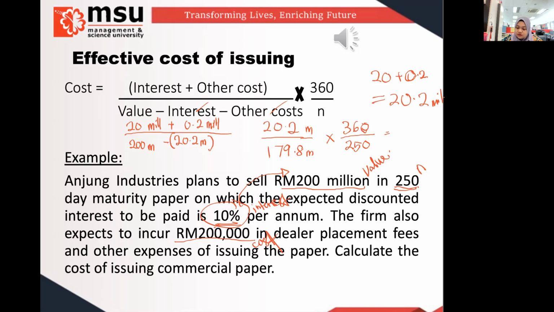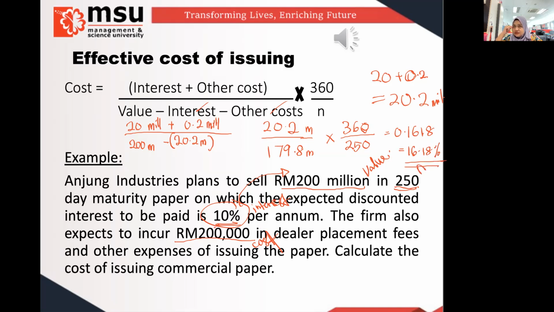So the answer is 0.161779, which we round up to 0.18. So how much is the cost? We have to multiply by 100. So the answer is 16.18%. All right, so far clear?